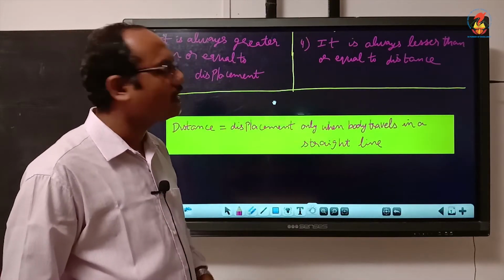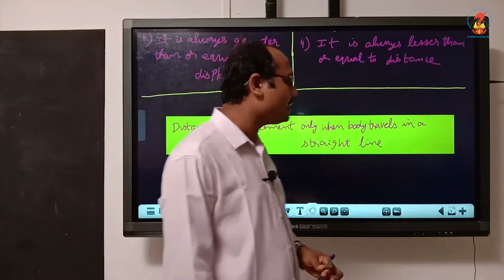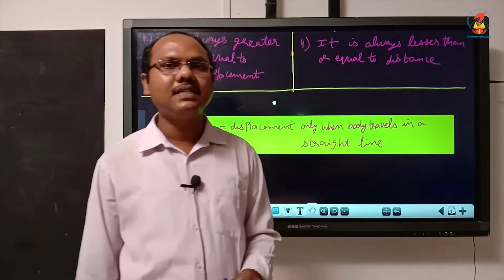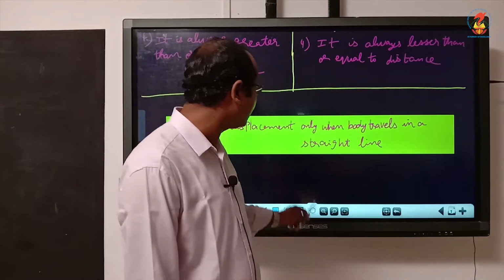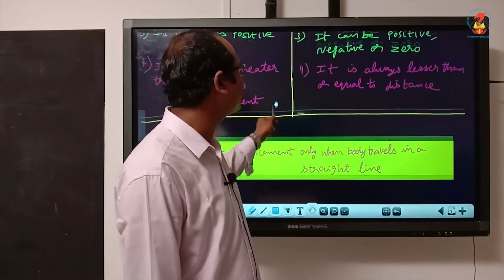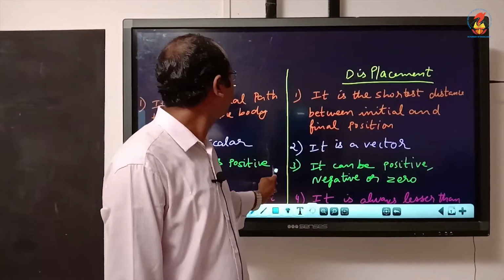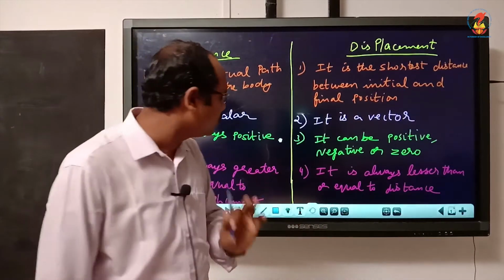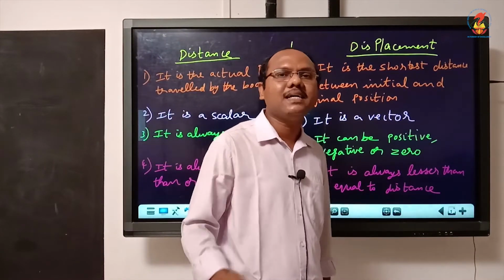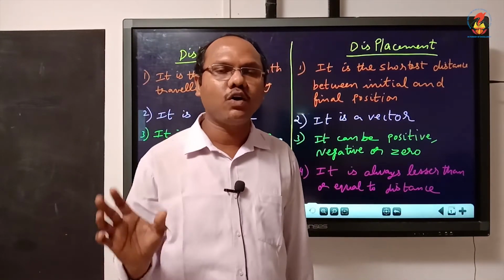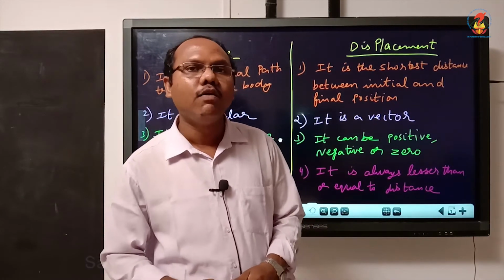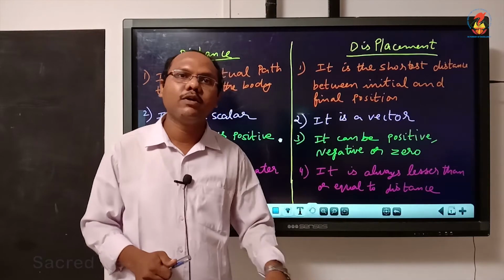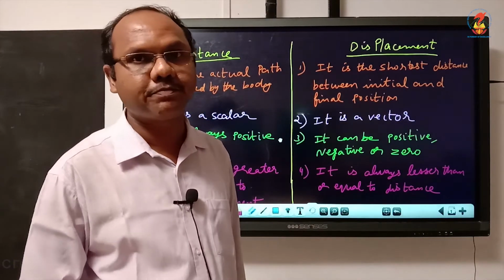Now, let us move on to the next physical quantities, which are speed and velocity. We are going to compare these two physical quantities. I can say in short, speed is the attribute of distance, whereas velocity is the attribute of displacement.